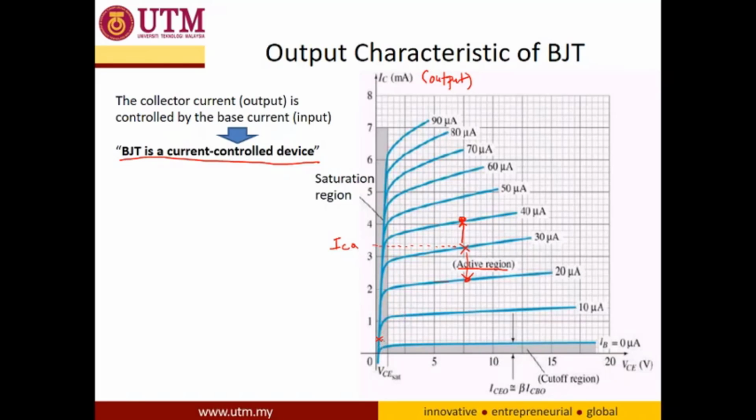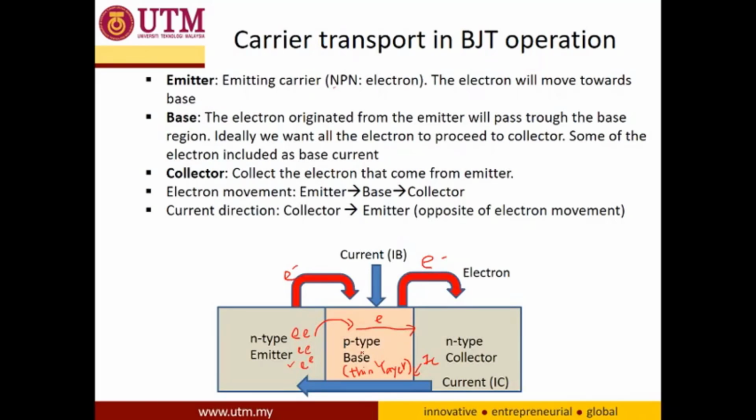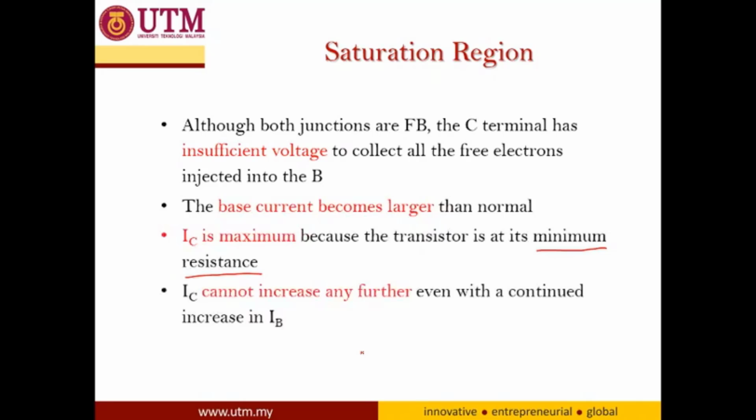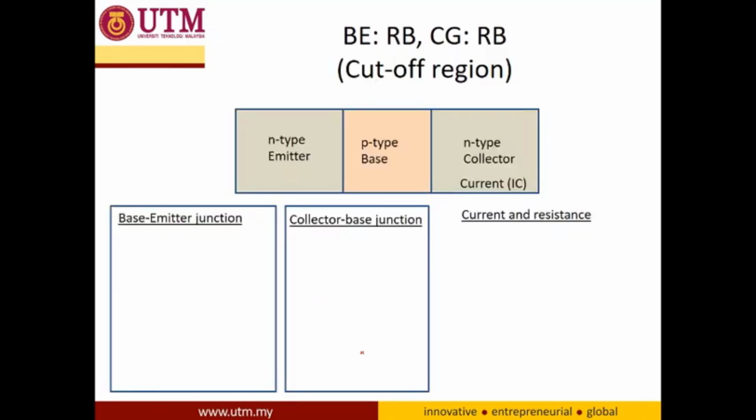In the saturation region, if you vary IB, let's say from 10 microampere to 20 or 30 microampere, the value will not change much. It will stay at this value. This is what the last statement means: IC cannot increase any further even with a continued increase in base current.